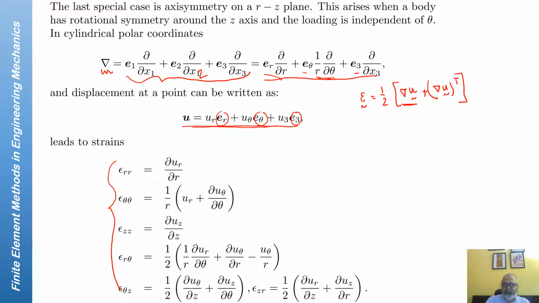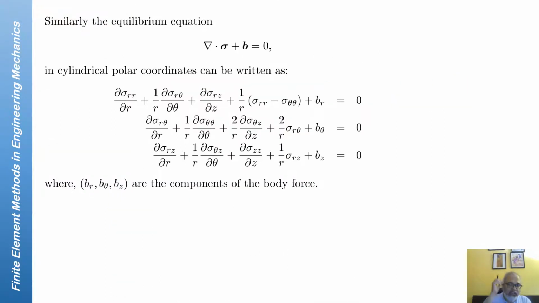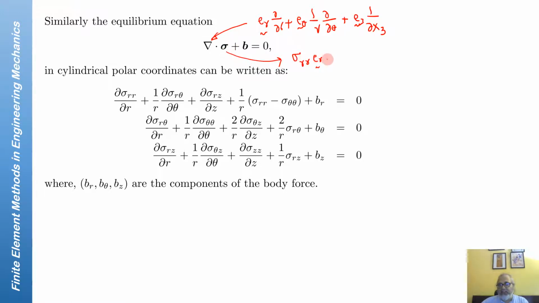Now, in case of axisymmetry, the equilibrium equation also uses this gradient operator, which is er del/del r plus e theta 1/r del/del theta plus e3 del/del x3. This is a second order tensor which is written as sigma r er plus sigma r theta e theta and so on. B is a vector again in the r theta z coordinate system.